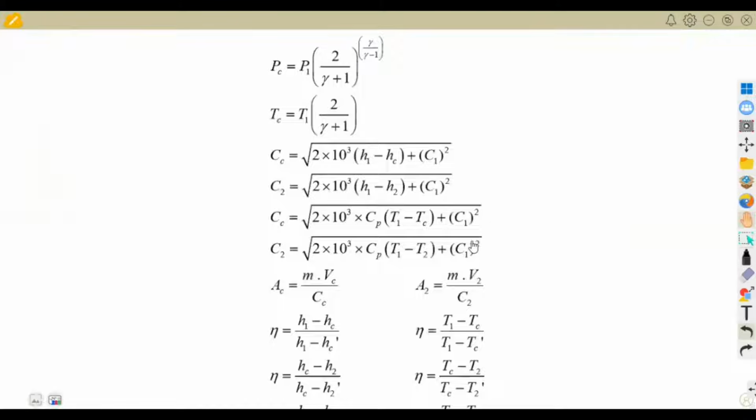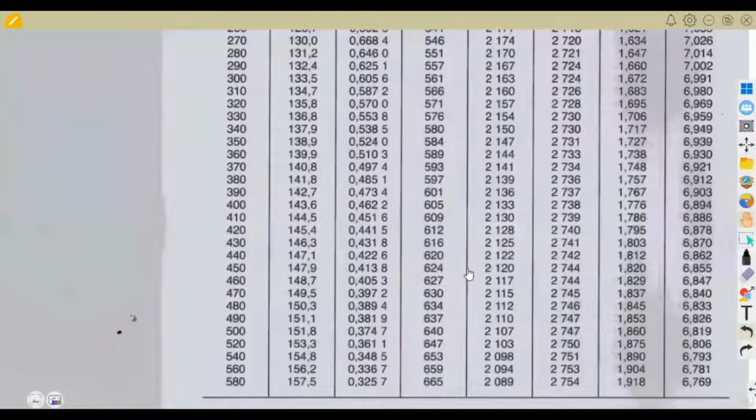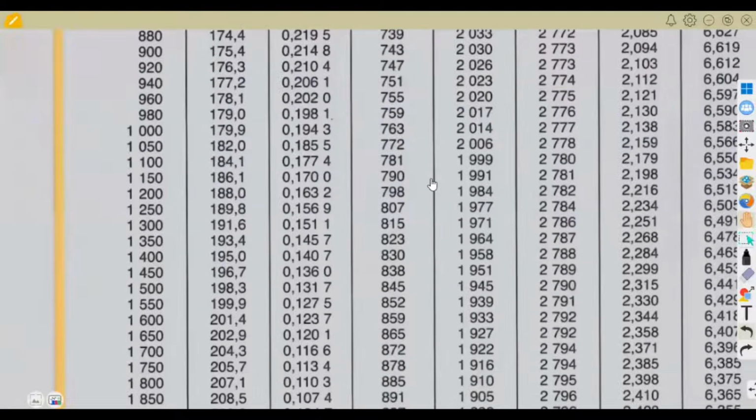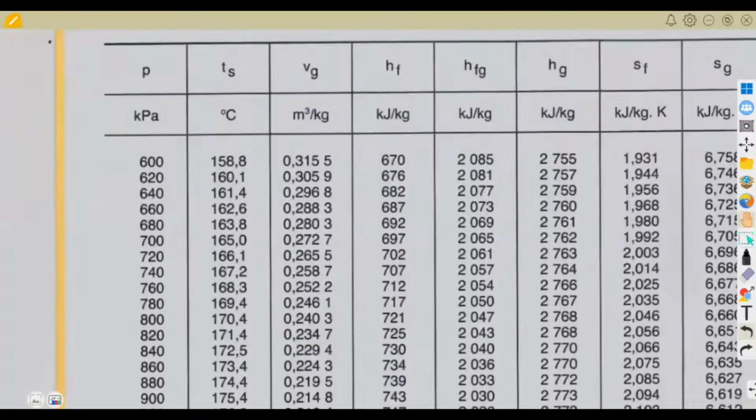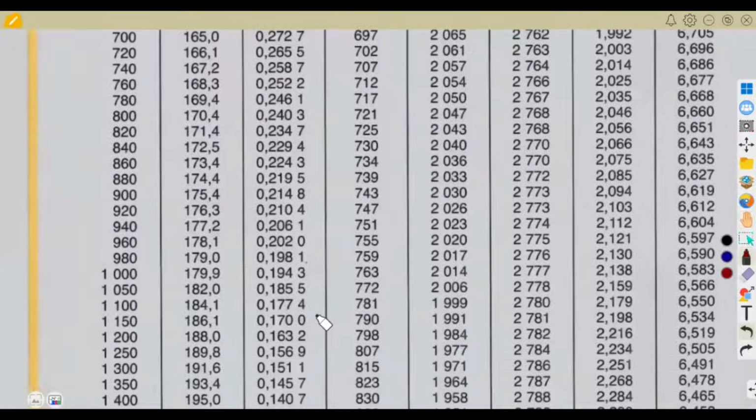So you're going to need your steam tables. Let's check here on our steam tables at 1,200. All right, so this is what we have here. For the pressure, remember our pressure is supposed to be at 1,200. So under 1,200, this is the part that I want. This is at the pressure of 1,200 here.